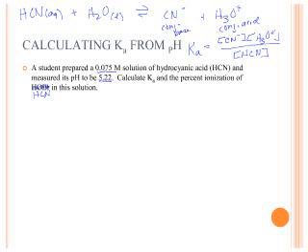So I think the next thing we should do is set up an ICE table. We're going to ignore water because we know its concentration effectively doesn't change. What's the initial concentration of hydrocyanic acid? 0.075. Initial concentration of cyanide? 0.